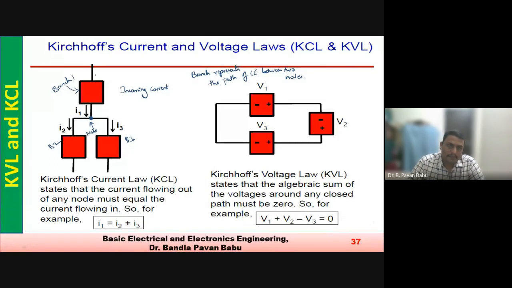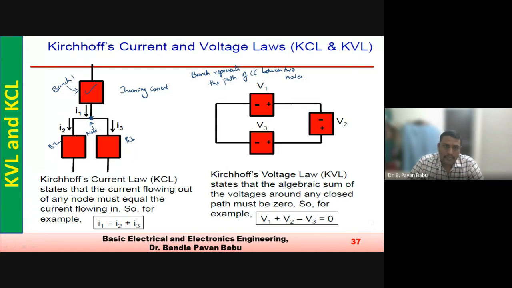This may be a voltage source, a current source, a resistor, an inductor, or a capacitor. Any of the elements may exist here. So here, this is the point of contact, or this is a node.